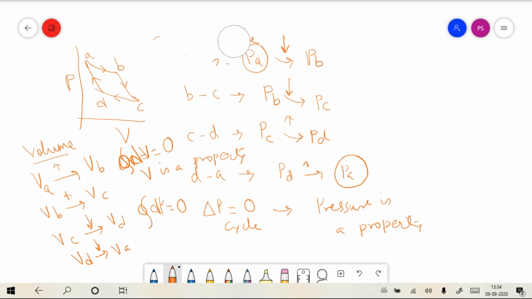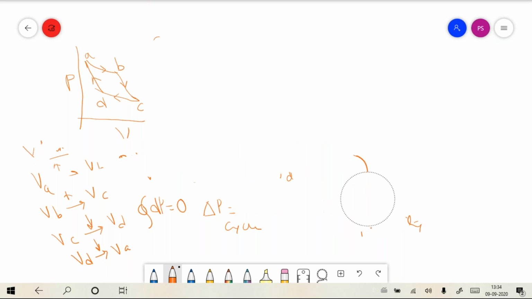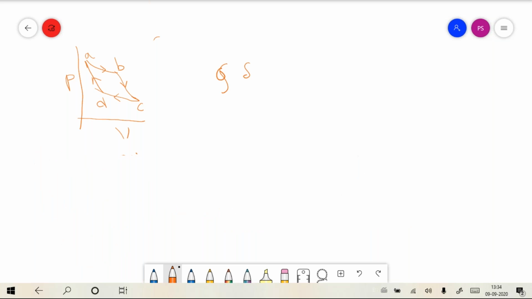Similarly, when we are talking about the property of entropy, what we would say is that the cyclic integral of del q by T is equal to 0. It means that this should be denoting a certain property.